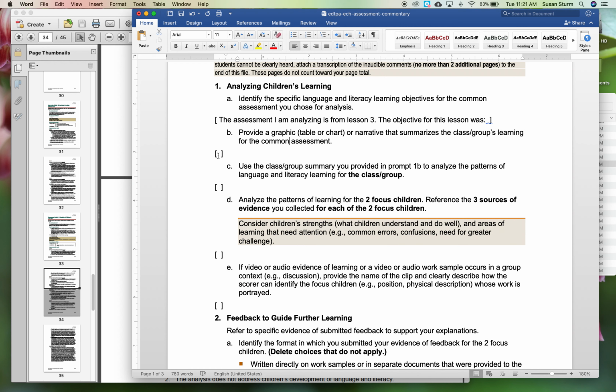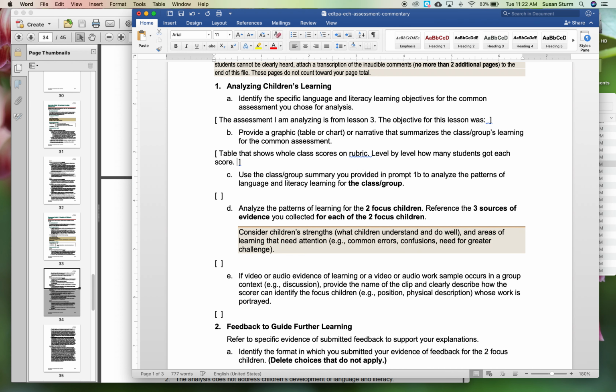So here I would highly recommend that you create some kind of a table that shows whole class scores on the rubric or whatever assessment that you used. And this is level by level, how many students got each score.